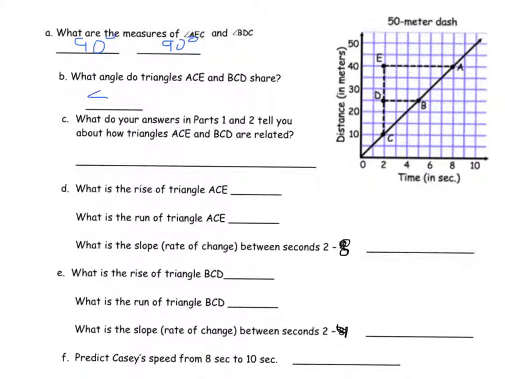What this tells us is that since they both have a 90-degree angle here, a 90-degree angle here, and they have this one in common, that means B and A also must be the same angle measure. And so what it tells us is that these triangles are similar. So let's start relating what we know about similar triangles and rise over run, or the slope.